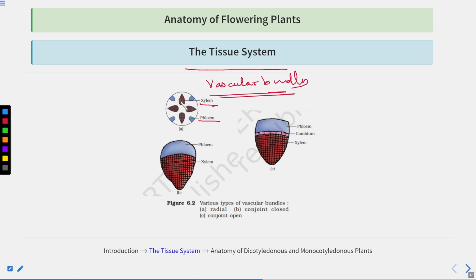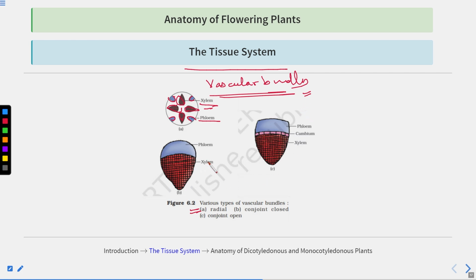Here the xylem is present on one radius, and the phloem you can see is present towards the periphery at another radius. So this is showing the radial type of vascular bundle arrangement.